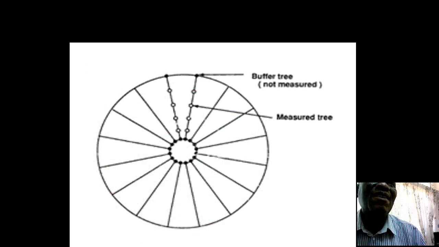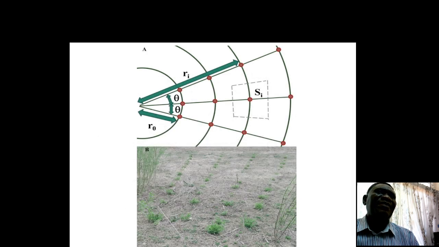This is a typical example of a plot. This is the actual plot under field conditions. Usually it's used in forestry, but sometimes under some situations it can be applied to weeds.